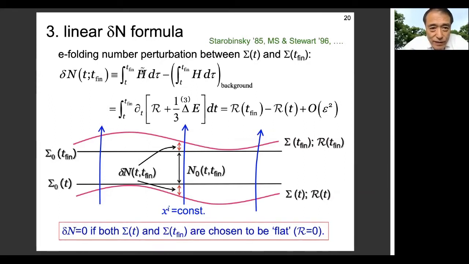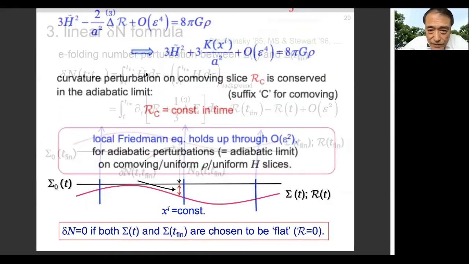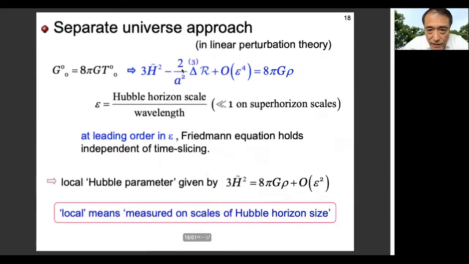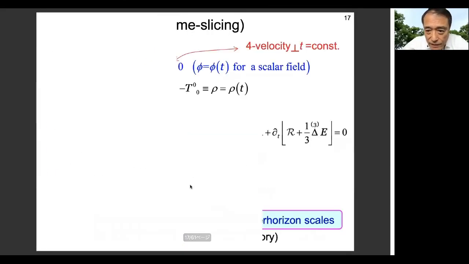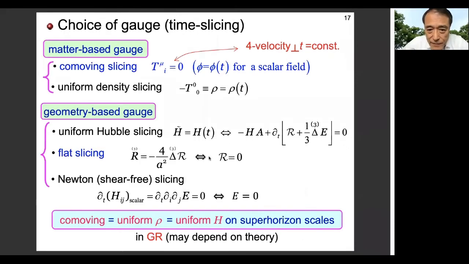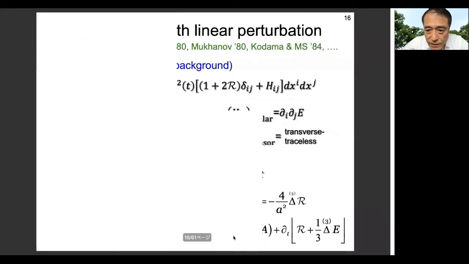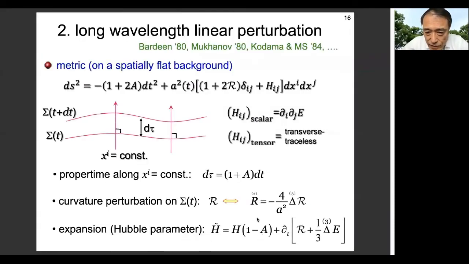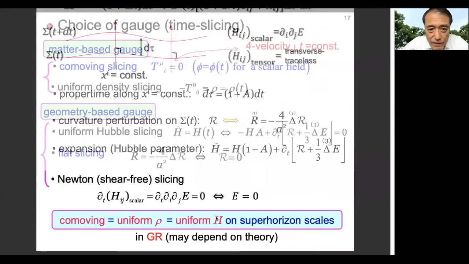The whole point is that this perturbation of the expansion rate has a fluctuation contribution from the lapse function, but because the proper time has the 1 plus a contribution, they cancel when you take the product.